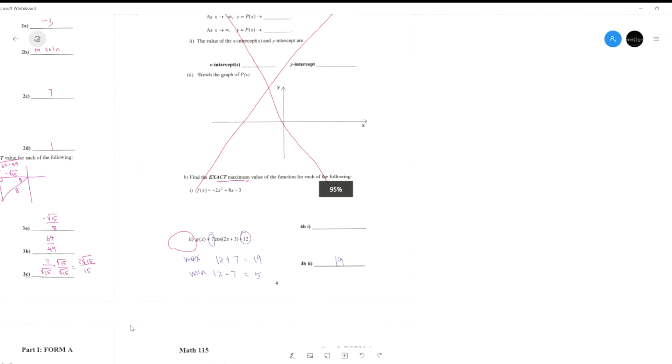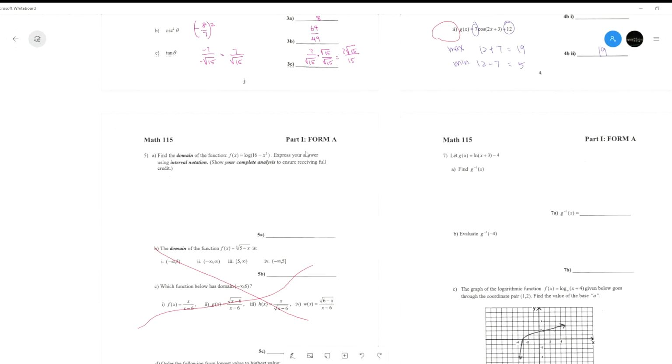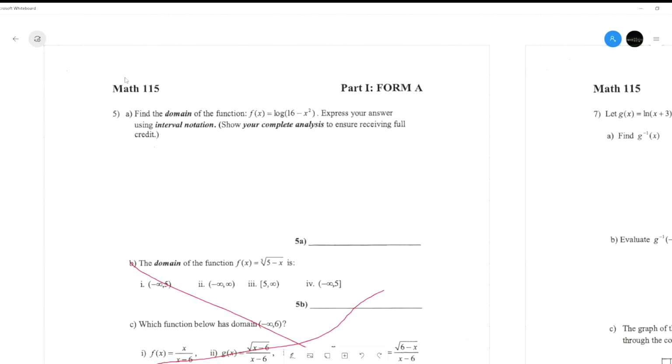Very simple. Okay, find the domain of the logarithmic function. I know it's been a while, so if you didn't study enough, you probably forgot how to do this. But if you remember, there's a vertical asymptote for any log x problem at x equal to 0.